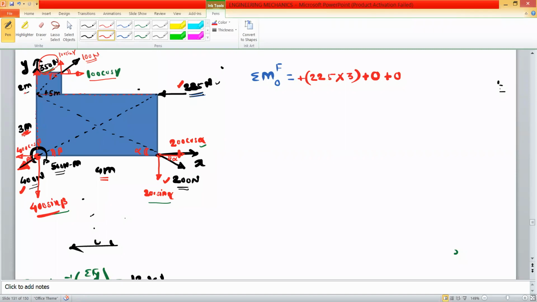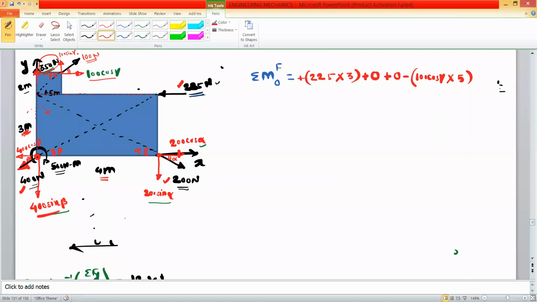So 3 plus 2 is the perpendicular distance. So we can write the moment as 100 cos gamma into perpendicular distance 5 meter. This is the moment value, and its direction: 100 cos gamma will try to rotate the system in the clockwise direction about the point O. So this will be negative.